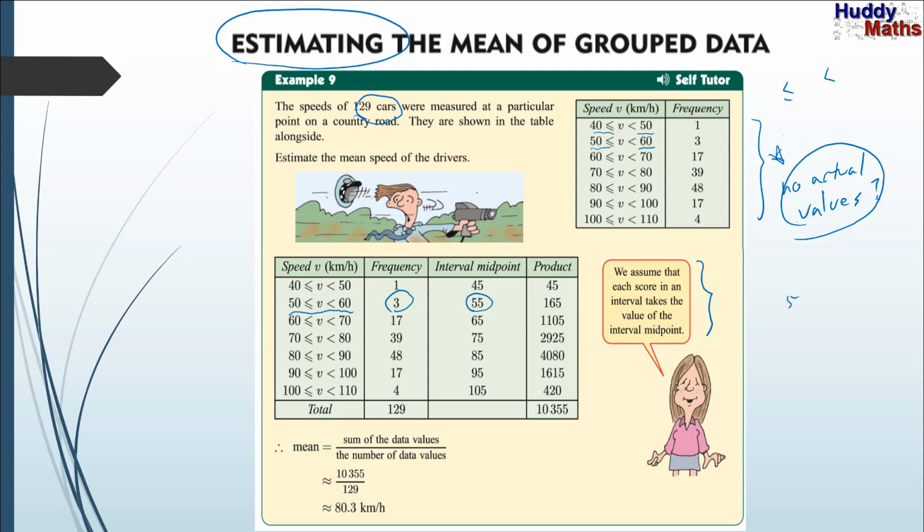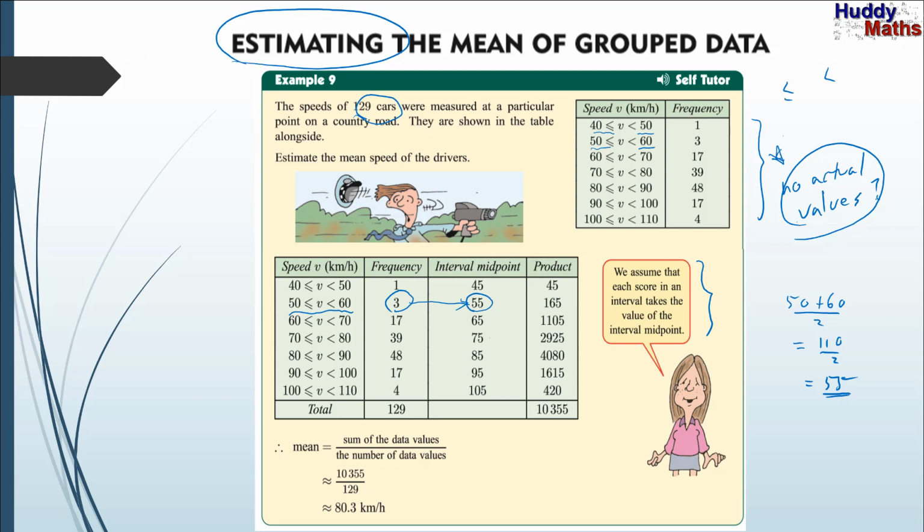So what do we do? The two endpoints, 50 plus 60 on 2 is 110 on 2, which is 55. To get the total of that group the same, we're going to assume that there are 3 lots of 55, 3 lots of the mean of that group.